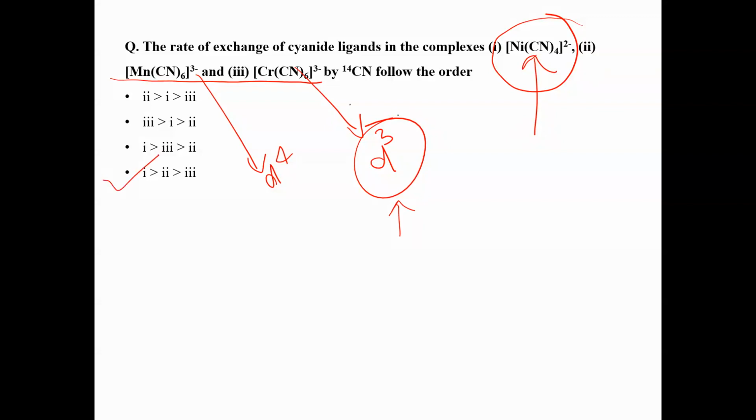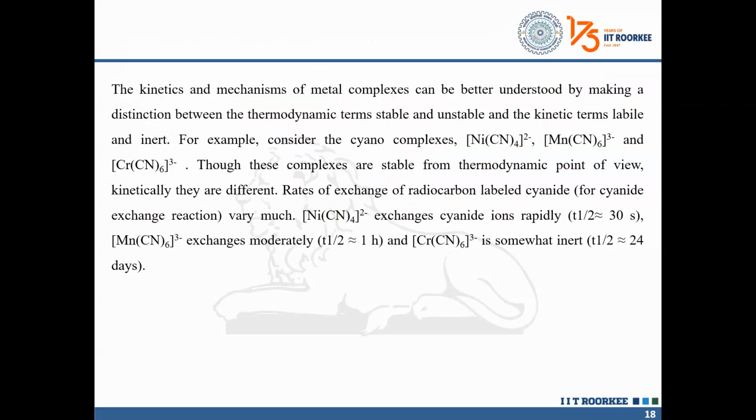Let me discuss it further. The kinetics and mechanism of metal complexes can be better understood by making a distinction between thermodynamic terms, stable and unstable, which is already discussed. So these three complexes, if I take, leave the tetrahedral one and compare this one.